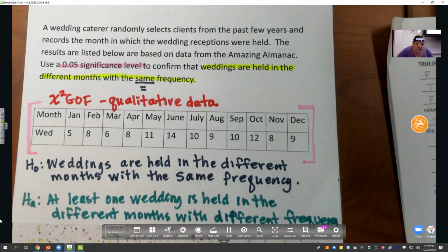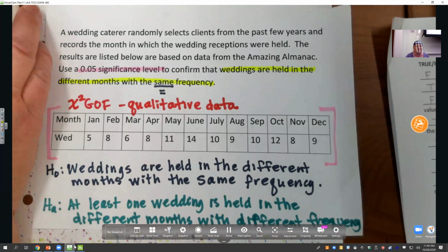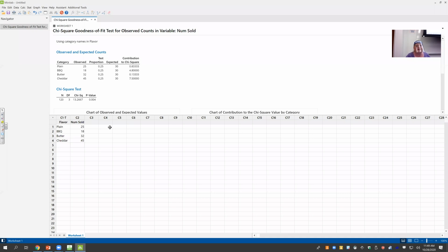Okay, so we're going to enter the data into Minitab. So we take our table and we're going to put it into Minitab. So I'm going to do that first. This time I'm just going to skip over and use, say, column 4 and column 5. I could erase the others, but it doesn't matter.